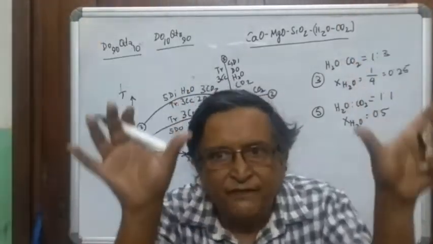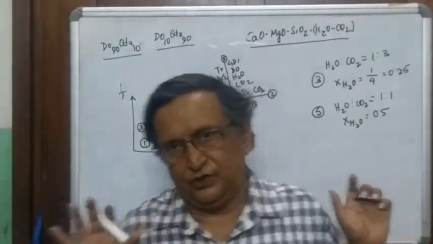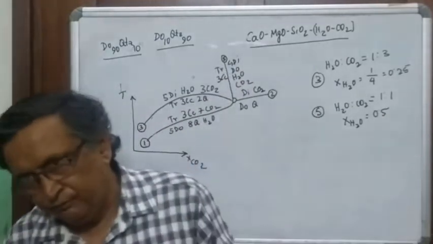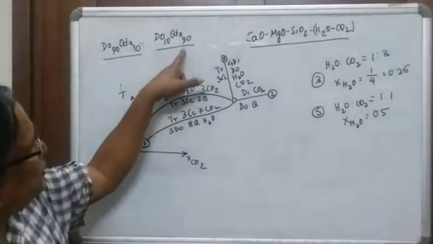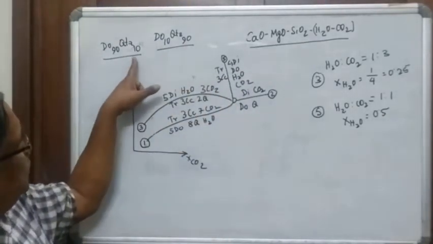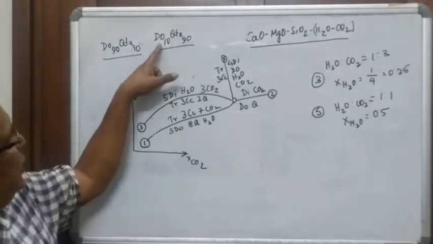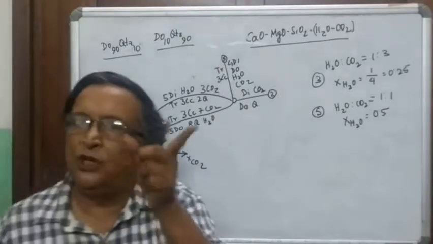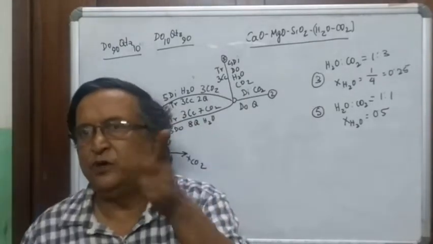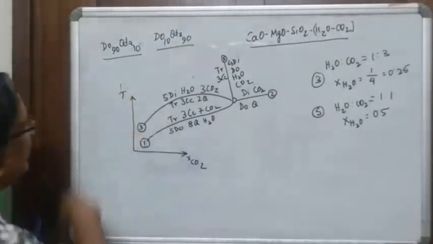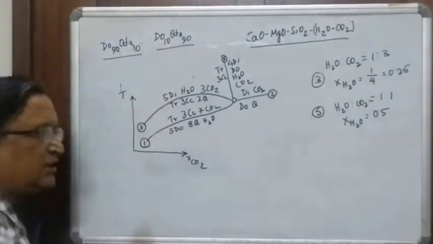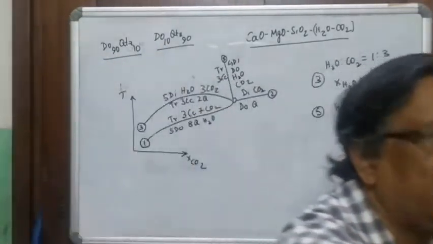they have two different bulk rock compositions. This is SiO2 rich, this is SiO2 poor, but the CaO to MgO ratio, because dolomite is CaMg(CO3)2, CaO to MgO is 1:1. So the ratio of CaO and MgO in both the rocks is the same. This is for your information.